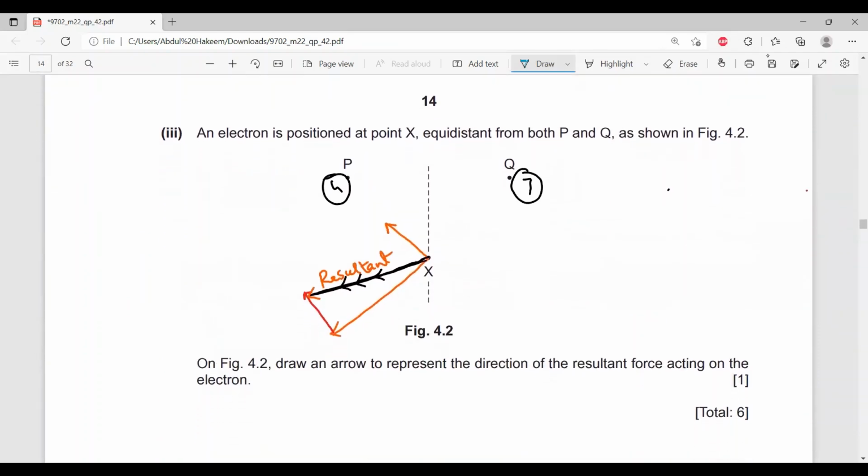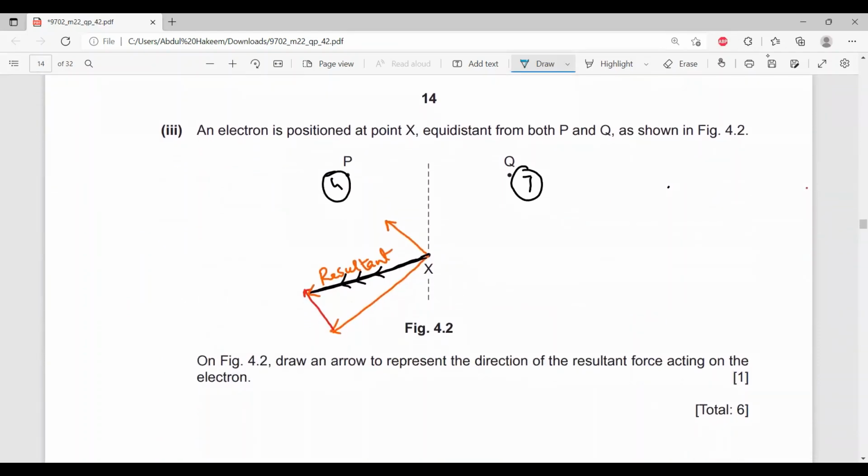Next, an electron is placed at the point x equidistant from P and Q as shown. So this is P, this is Q. Here the charge is 4 nano, here the charge is 7. So when point x is this, the electron is here. Due to the small charge, this electron is attracted by the small force F. And due to the large negative charge, the electron is repelled with a large force, this one.